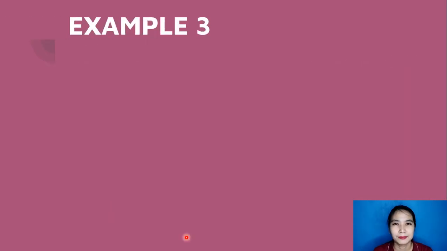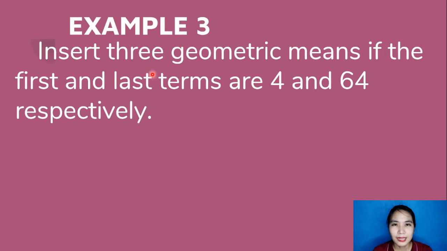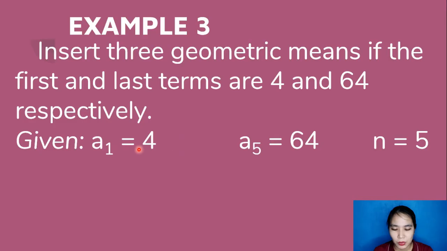Example number 3. Let us insert 3 geometric means if the first and the last terms are 4 and 64 respectively. In our given, we have a sub 1, or the first term, which is 4. We have a sub 5, or the last term, which is 64.